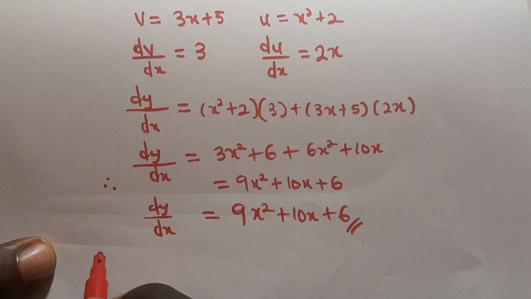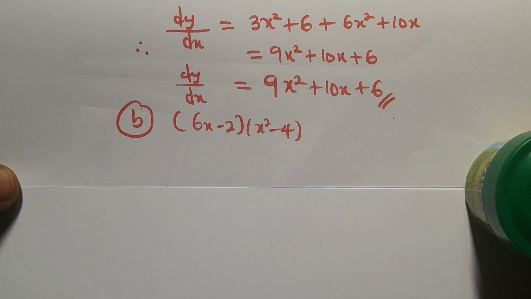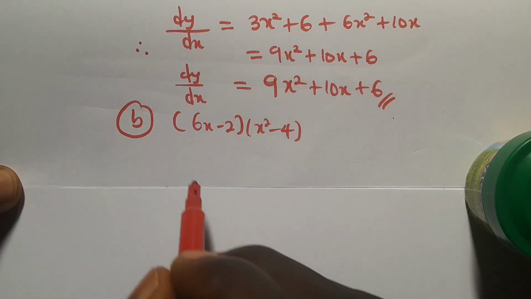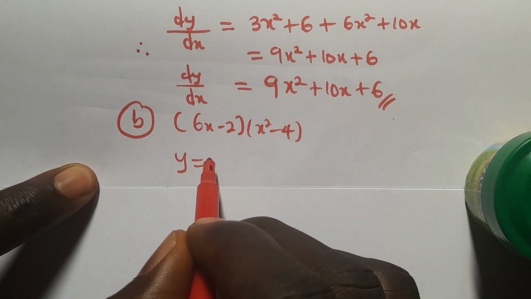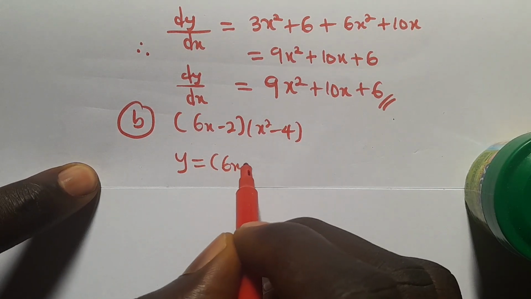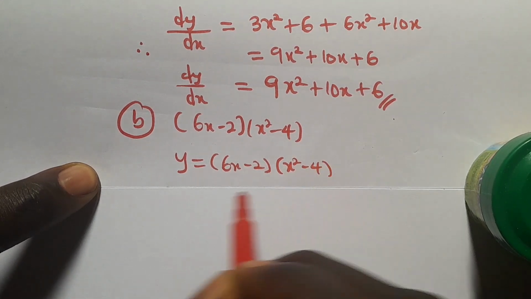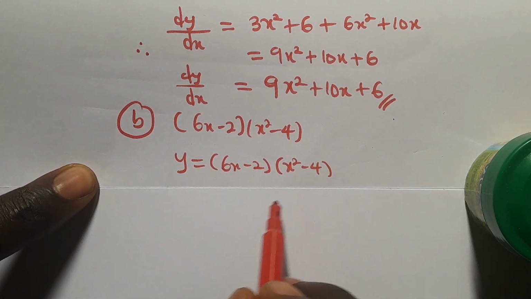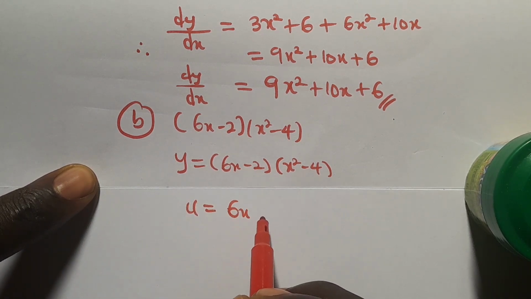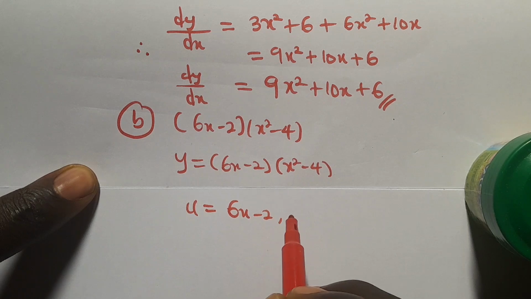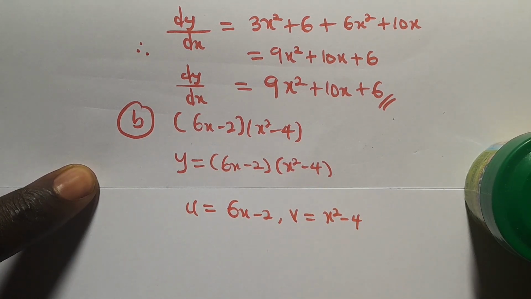So let's take a look at another example, example B. When we have 6x minus 2 multiplied by x squared minus 4, let's declare them to be y equals 6x minus 2, x squared minus 4. Let's take our u to be equal to 6x minus 2, then phi to be equal to x squared minus 4.